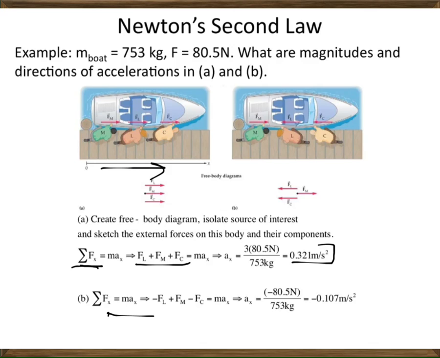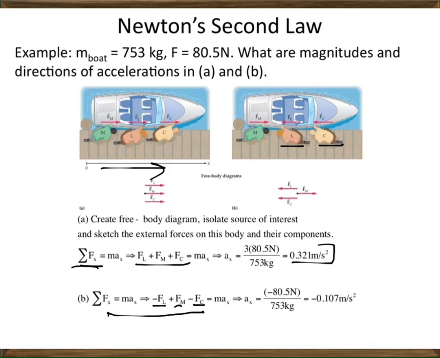In the second case, the forces by the two men are in the negative x direction, so that's why we take these contributions as negative and the other one is positive.